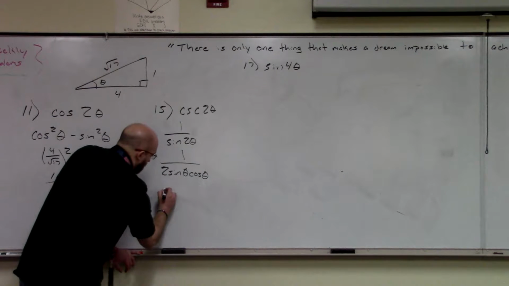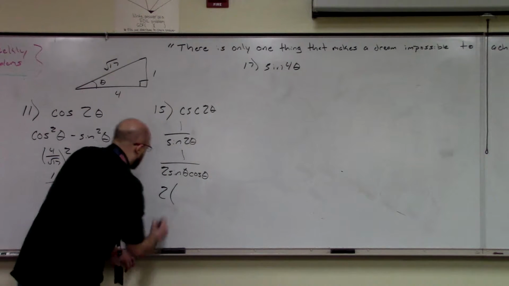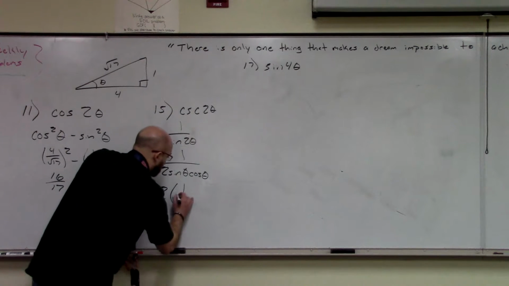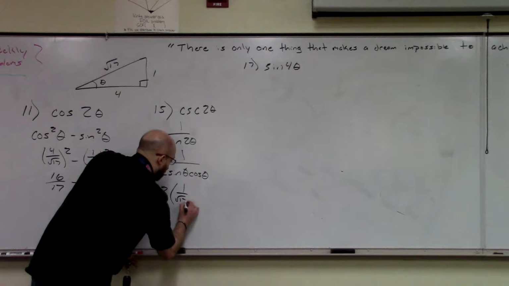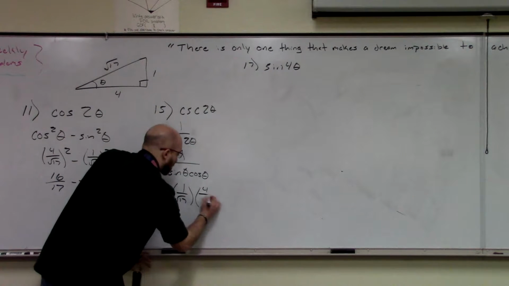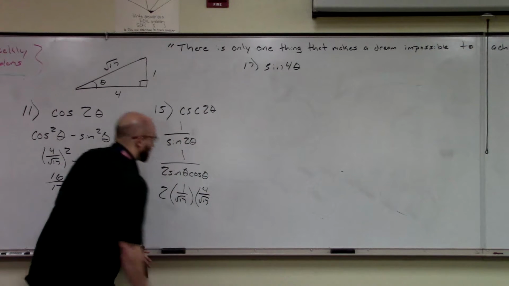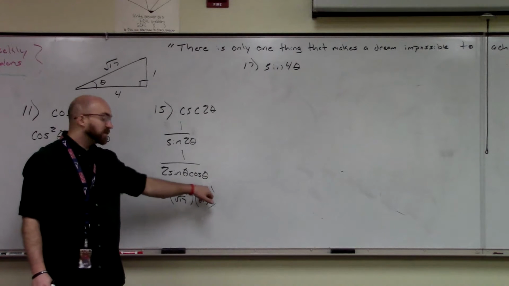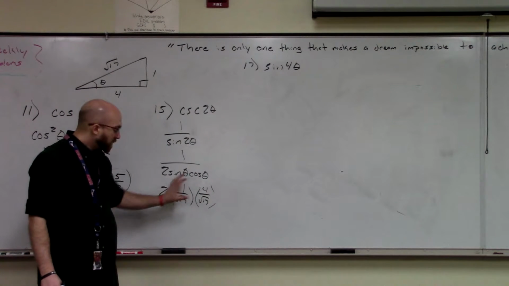So that means we get 2 times opposite over adjacent, 1 over square root of 17, and then 4 over square root of 17. We just multiply straight across.